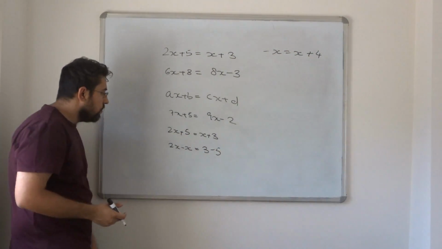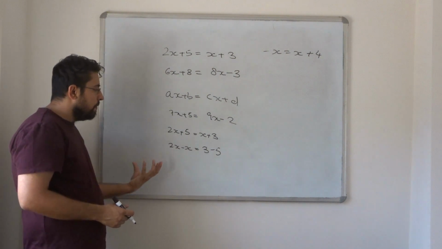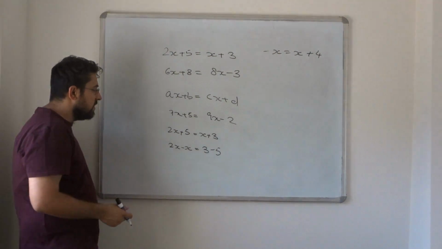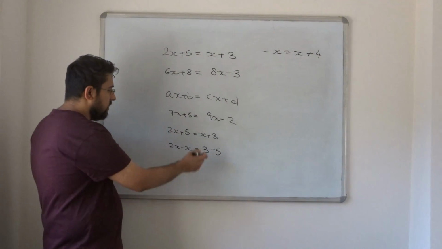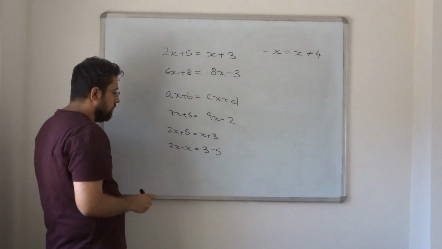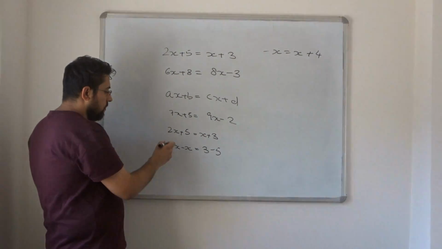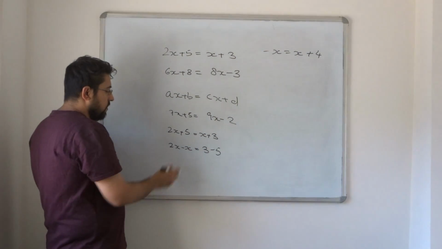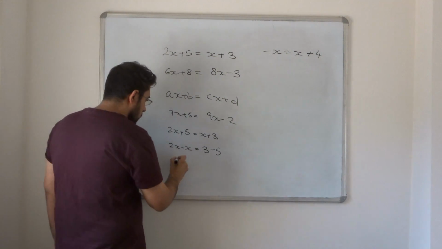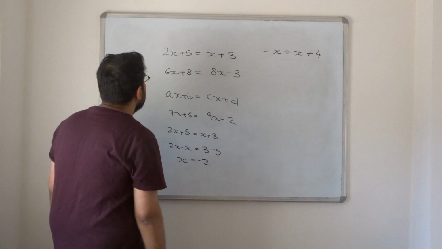What you do is you get the x's on one side and the other numbers on the other side. The x here is positive, so when you transpose it, you obviously take the negative sign. So that's why you get 2x minus x, which equals 3 minus 5. So then you get x equals negative 2.